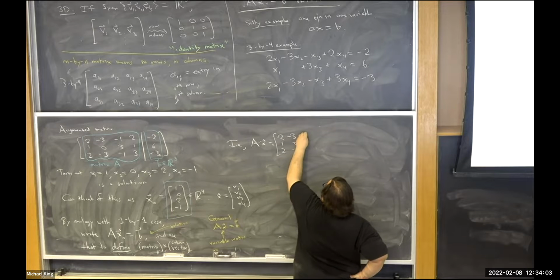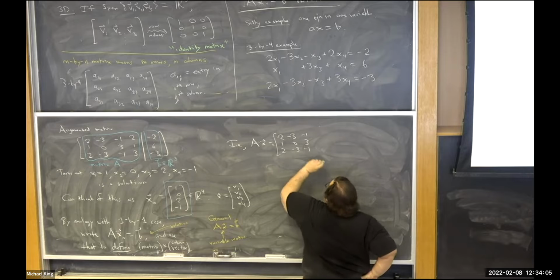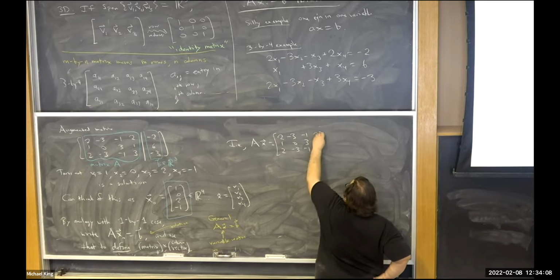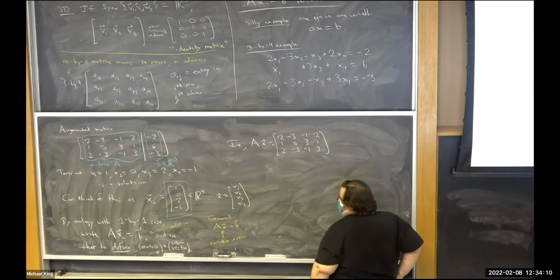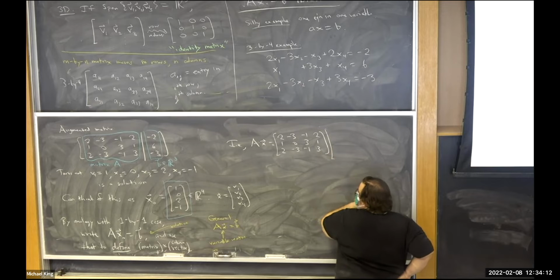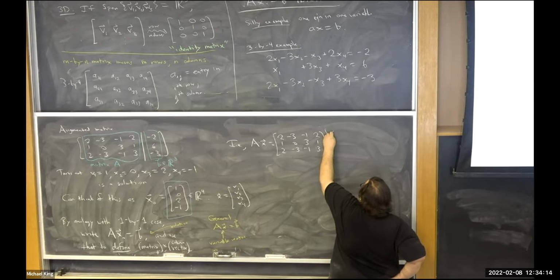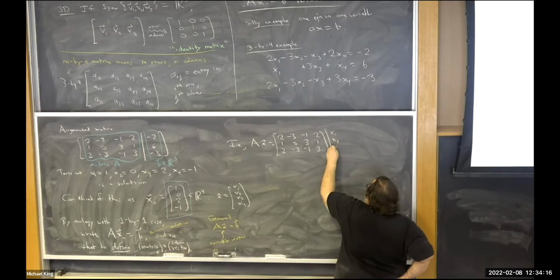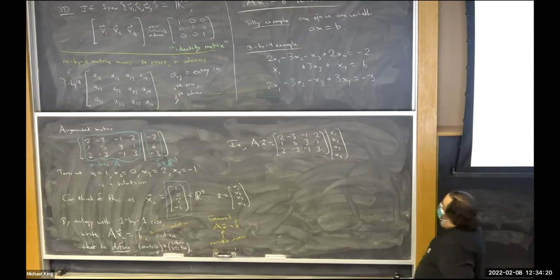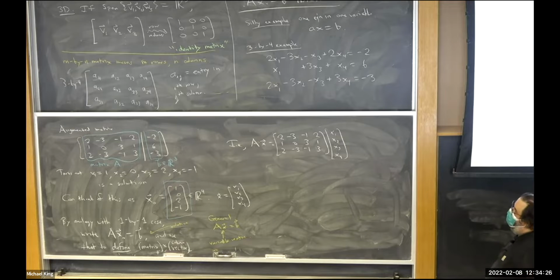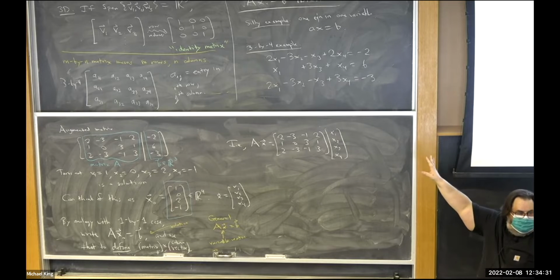Third column -1, 3, -1. Fourth column 2, 1, 3. Times this column vector. And this looks a little funky, so let me just do the generic one first. We're going to multiply those, and the product is supposed to be the left-hand side of that system of equations.